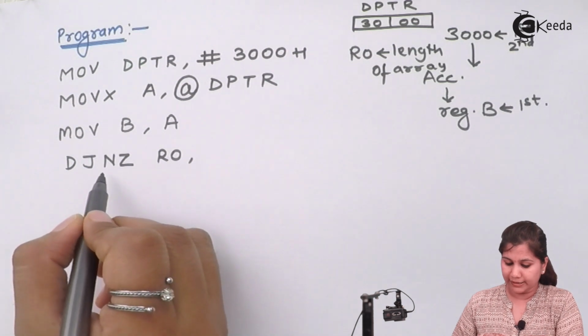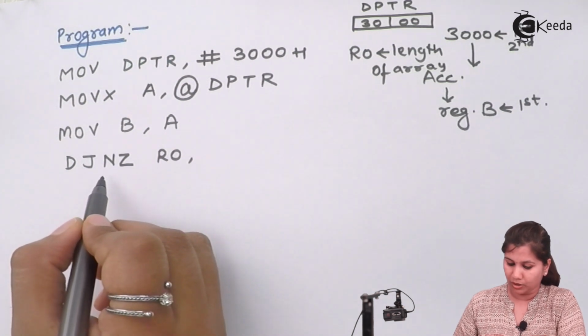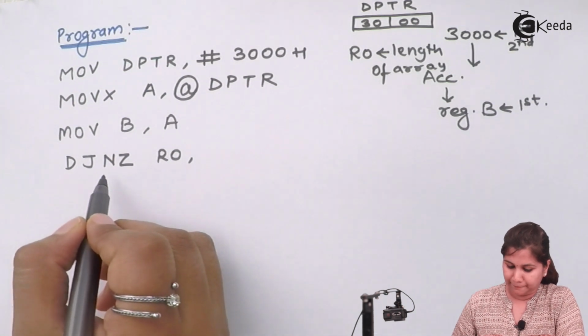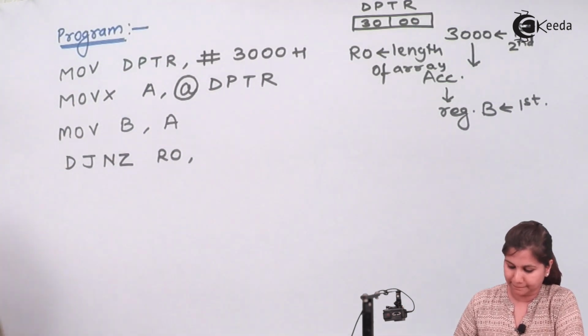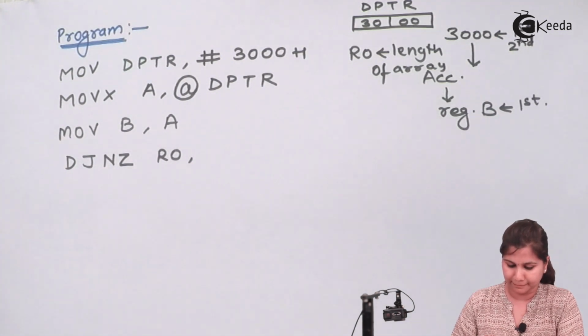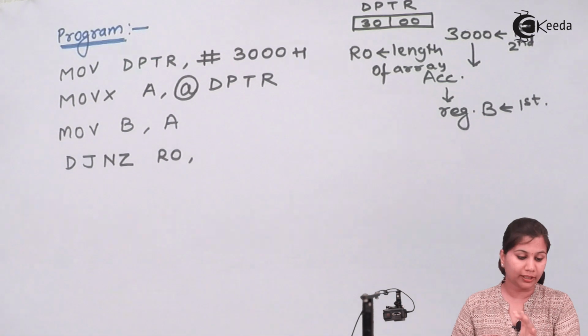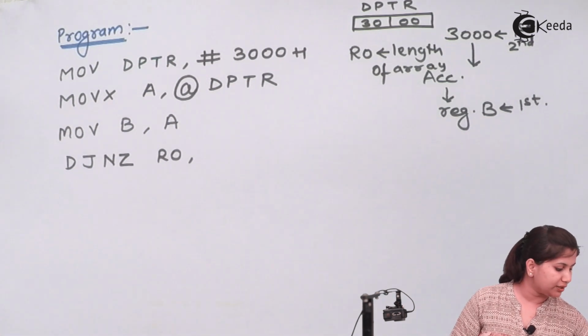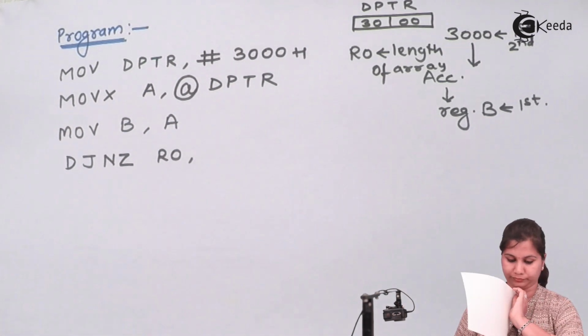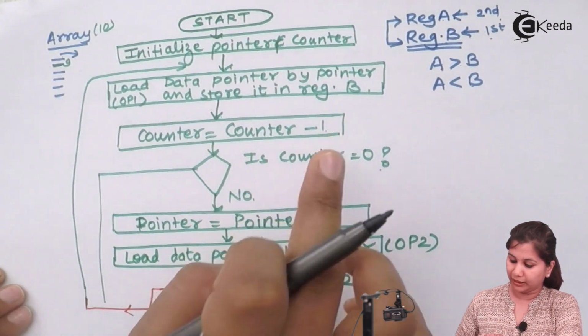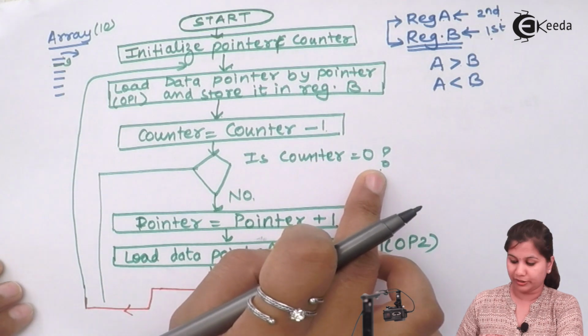Now next we want to do the comparison. In that flow chart we have seen that after decrementing the counter we are checking whether the counter is 0 or not.